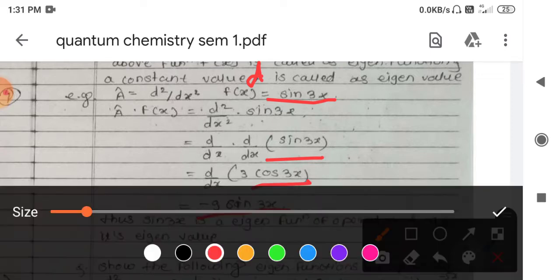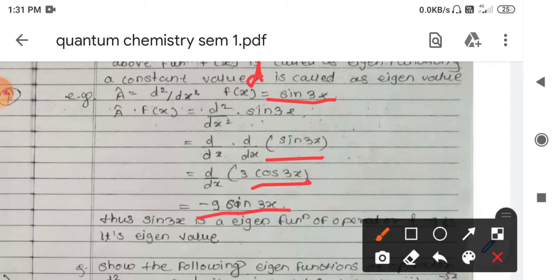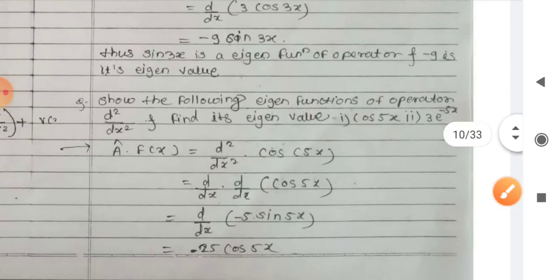Out of this we can see that we get the same function, sine 3x, back. So f of x is the same, and we have got the value of minus 9, which is nothing but the eigenvalue for the given function, operated by the second order derivative operator.